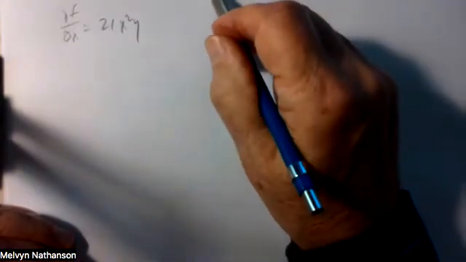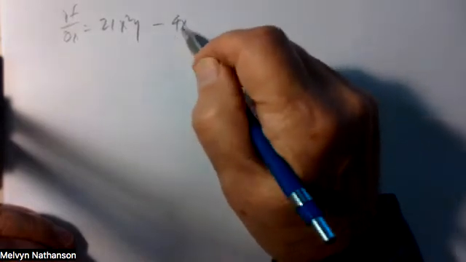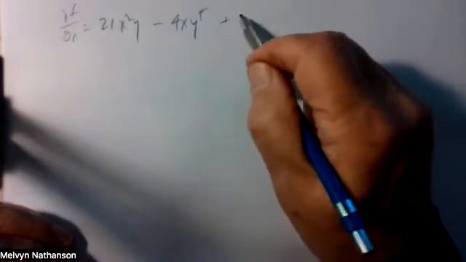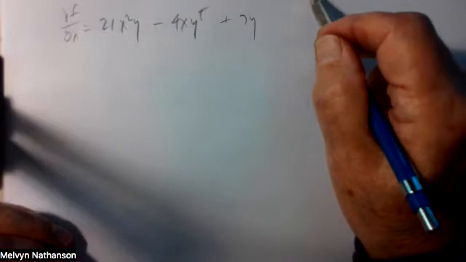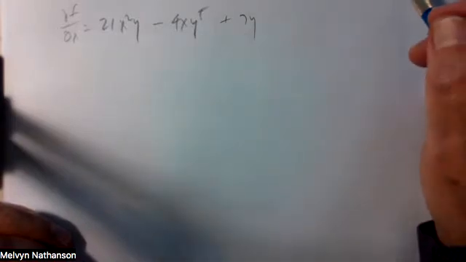The derivative of x squared is 2x, so I get minus 2 times 2x, minus 4x, y to the 5th. The derivative of x is 1. The derivative of y with respect to x is 0, and the derivative of a constant is 0. So that's the partial of f with respect to x.